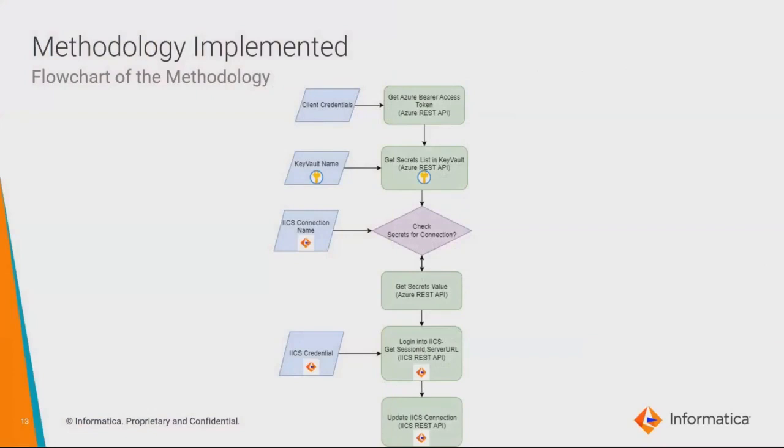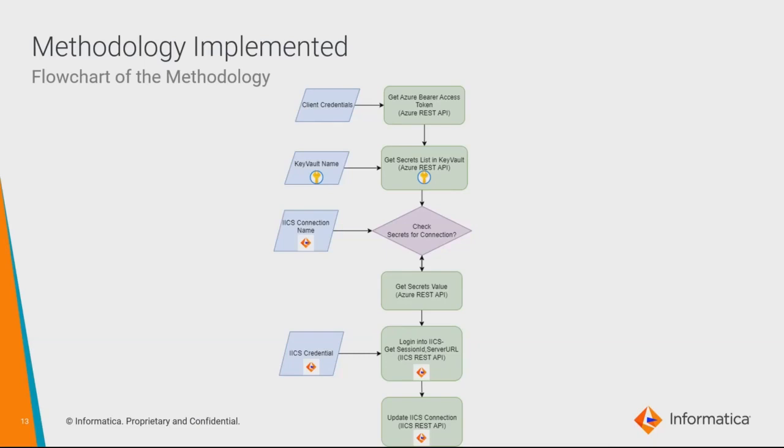This is the flowchart of the methodology that has been implemented. You can see client credential, Key Vault name, IICS connection name, and IICS credential become the input for this process. When I say client credential, it might be a client secret, client ID, tenant ID that has been sent as an input to get the bearer access token for making an Azure API call. And once I get the Azure bearer access token, I'll be using it in the authorization section for making the API call to get the secret list in the Key Vault.